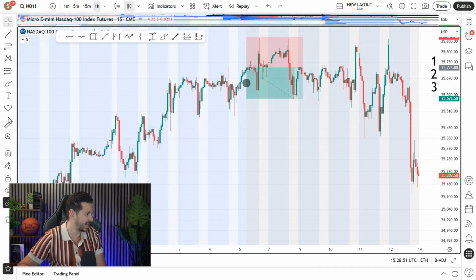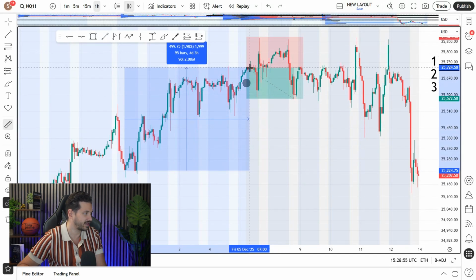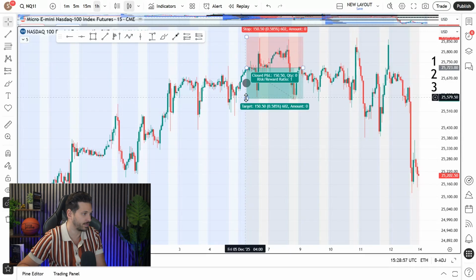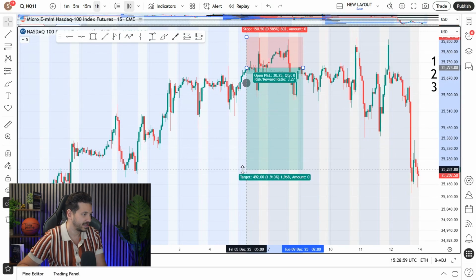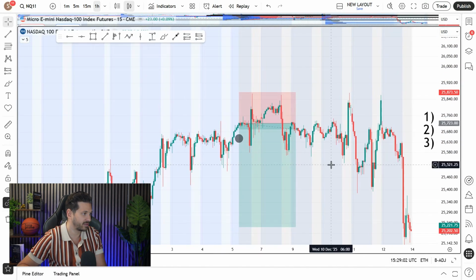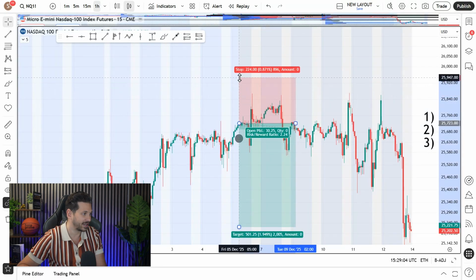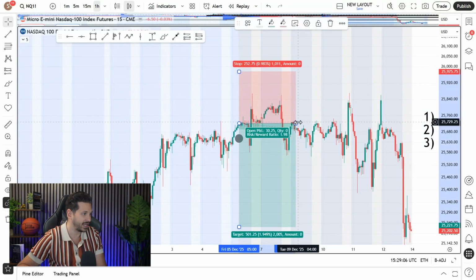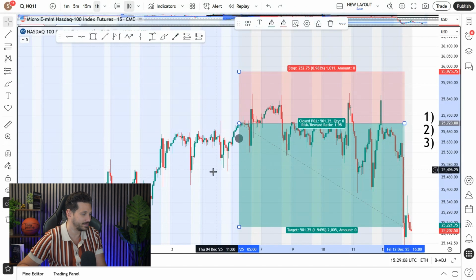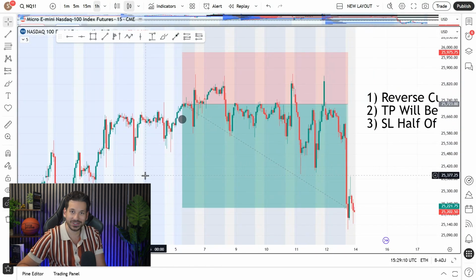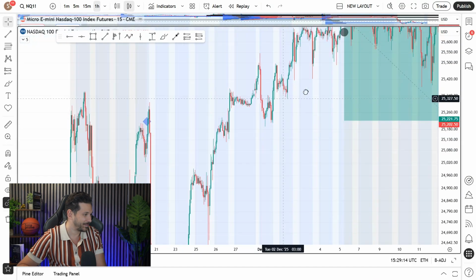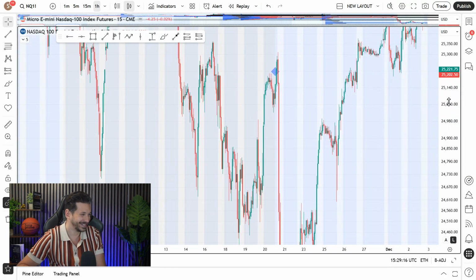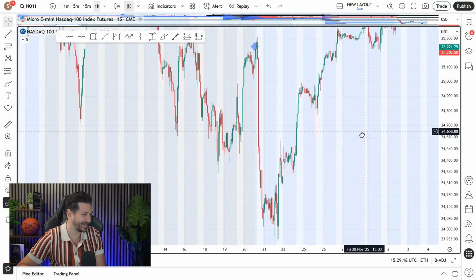So we're going to measure that leg up until where we were. That's 500 points. So 500 points is our TP right there, and our stop loss will be 250. I can already see that is a winning trade right there. Boom. Not bad at all. Okay, so 1-to-1. Oh, well, that's a hell of a good trade.